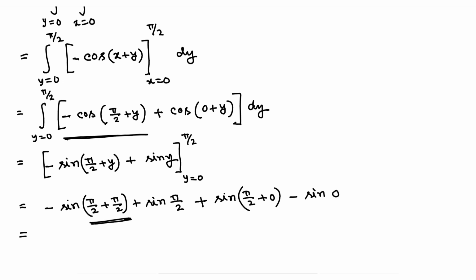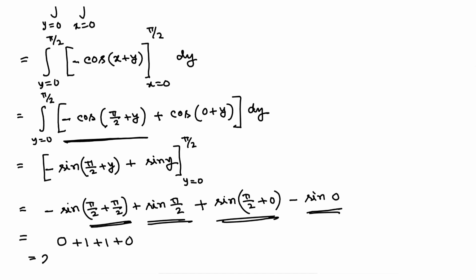Pi by 2 plus pi by 2 means sin pi, and sin pi is 0. This is sin pi by 2, so plus 1. This is sin pi by 2, so plus 1, and sin 0 means 0. So the answer is 2. Okay, now next question.